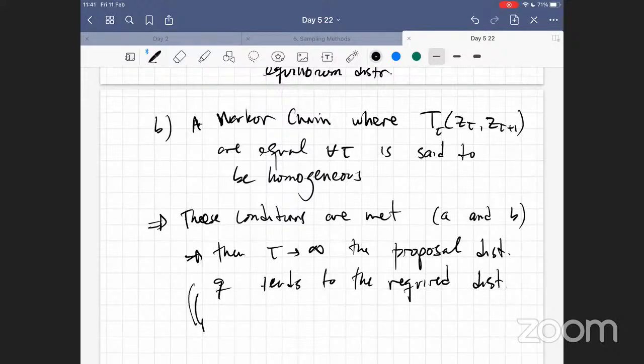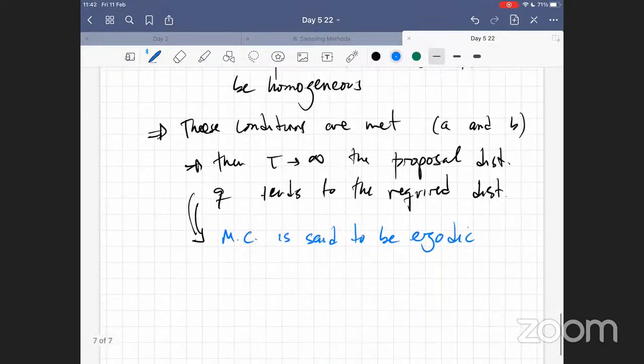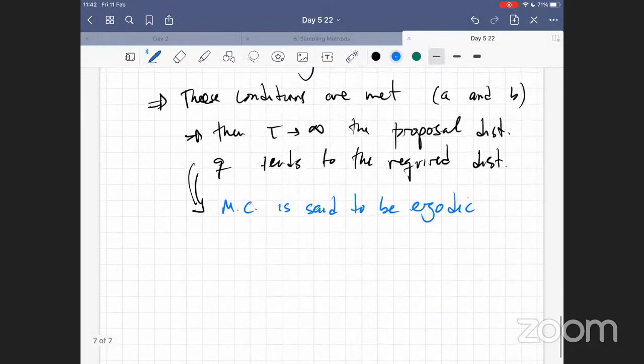And if this is the case, then a Markov chain with this property is said to be ergodic. It is ergodic when it tends to the required distribution, to the true distribution, let's say.